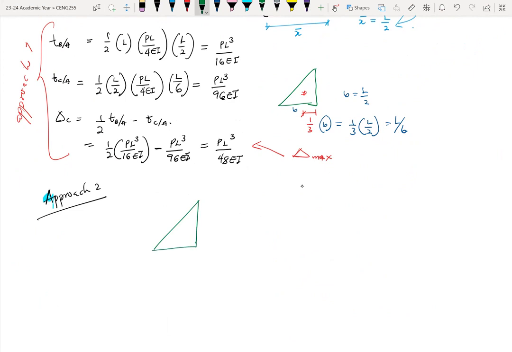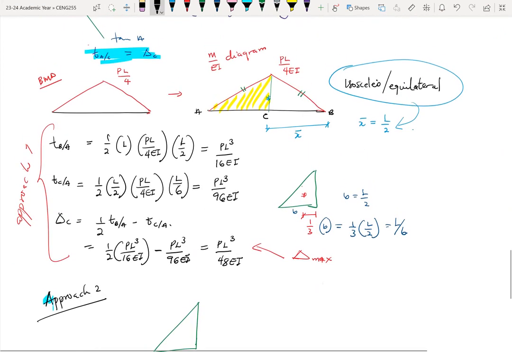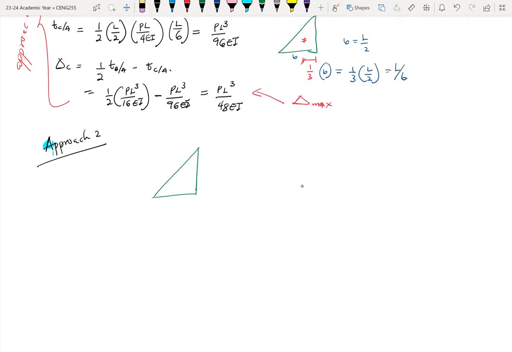But is it TCA? No, TAC. Because I'm doing TAC, which is the same as delta C in this case, I need to find the moment. So my X bar would be with respect to A. Take note of that. And this is PL over 4EI.